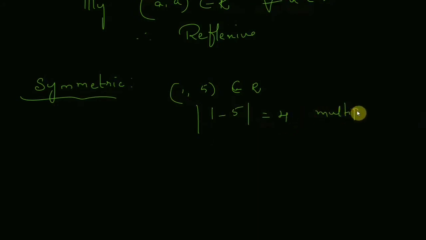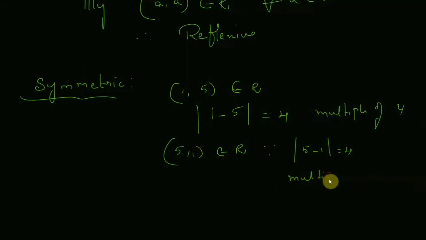So 4 is a multiple of 4. Now we have to check the reverse pair. What is the reverse pair? (5, 1). Is (5, 1) an element of R? Yes. Why? Because the modulus of 5 minus 1 is 4, again a multiple of 4.